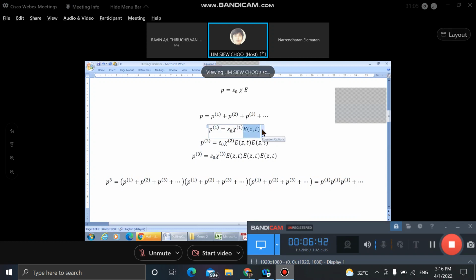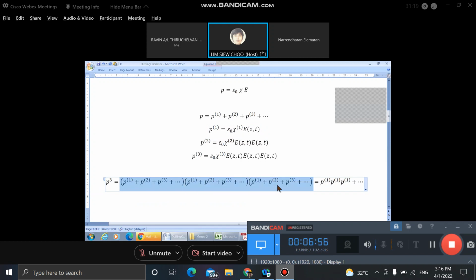Remember, we want to cut at third order effects. So if there are more than 3 E's, we discard. Among these products, only one term has three E's. All the other terms have at least 4 E's, so we have to discard them. So for the P to the power of 3, we retain only one term. Now we work it out one by one.